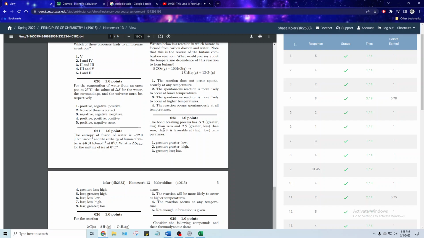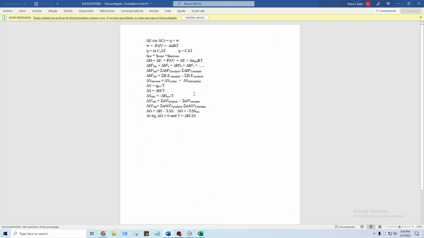So like I was just talking about the chart, the only way that it can be favorable at a higher or a lower temperature, and not always or never, is if they are both positive or both negative. So like I was saying earlier, when you're breaking bonds to get your delta H, the reactants are on this side. Bonds are breaking. Delta H is positive for bonds breaking, right?